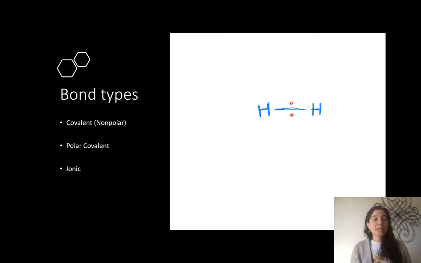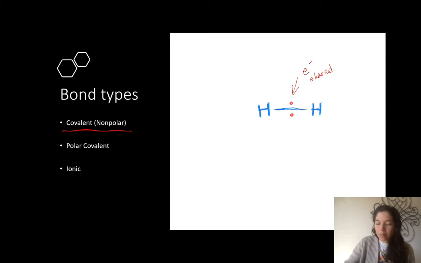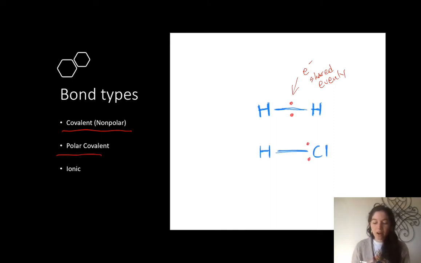So let's re-examine these really quickly so that you understand these fully. A covalent or nonpolar bond is where your electrons are shared evenly. They are split evenly between two atoms in a compound. Your polar covalent is where these are not.